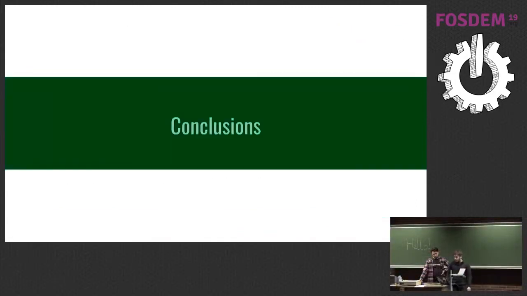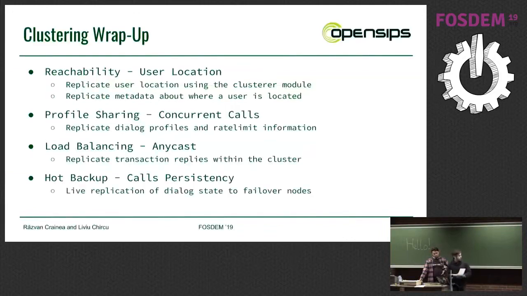And right, as a wrap up, I went through the examples that handle the reachability problem, the hot backup problem, and the solution to sharing profiles and counters is pretty much the same thing. You just enable the cluster for that respective module, and the module will do all the work for you. And similar to Anycast, probably a couple more script calls to do, but they're all well documented.